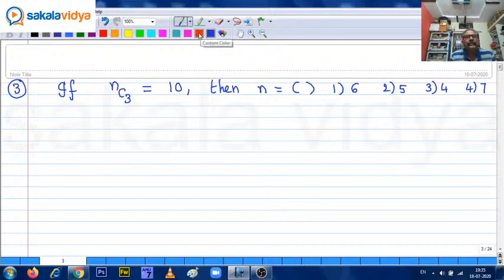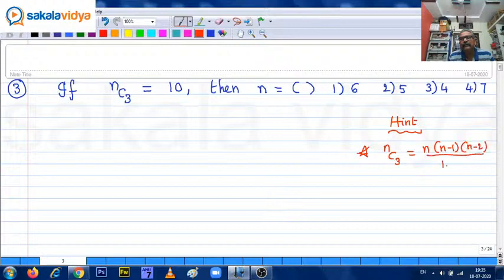See here, remember the hint: NC3 equals n times n minus 1 times n minus 2 upon 1 into 2 into 3. This is the NC3 value.